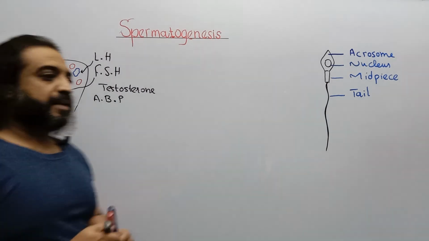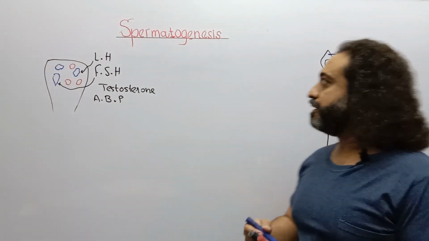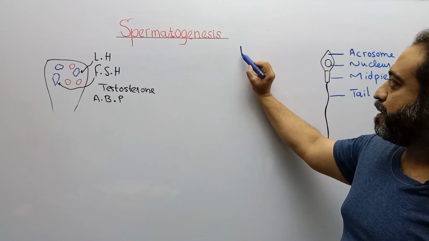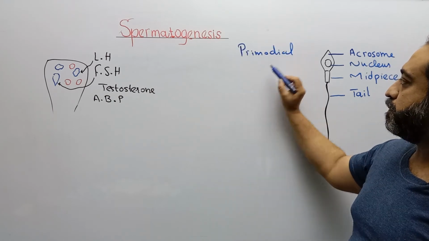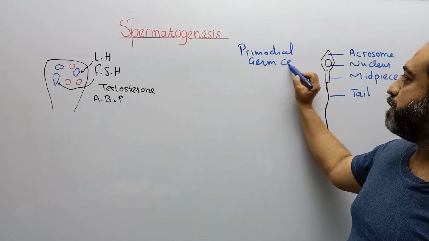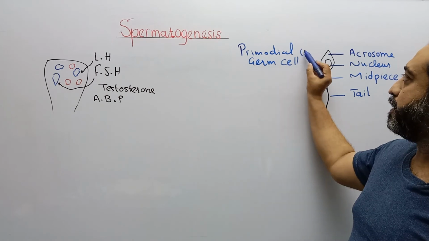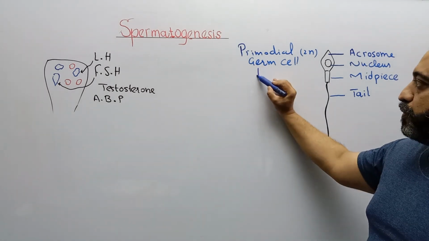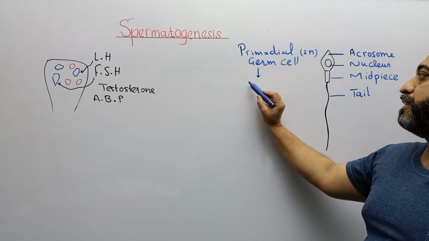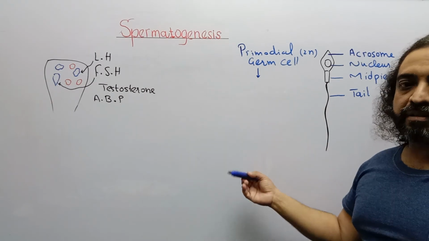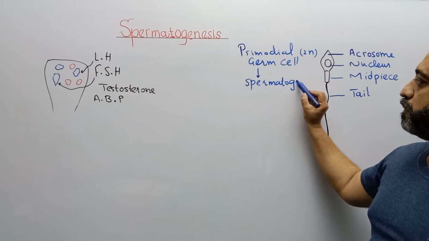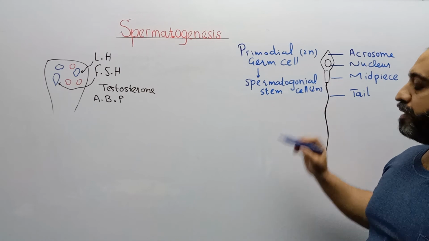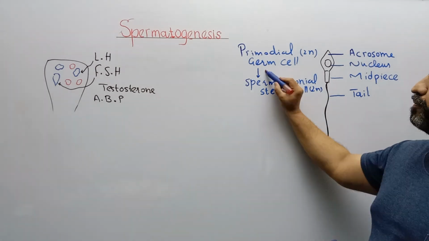Now what is going to happen here? There is a basic cell called the primordial germ cell. The primordial germ cell is 2n diploid in nature. It divides by mitosis to produce a cell called the spermatogonial stem cell. Again, it is 2n because mitosis occurs.